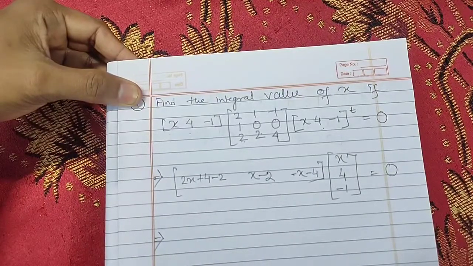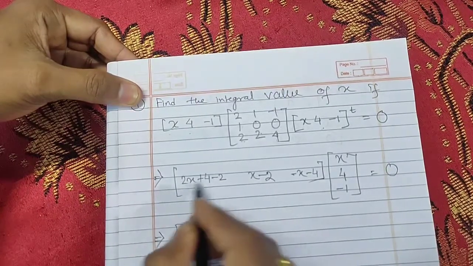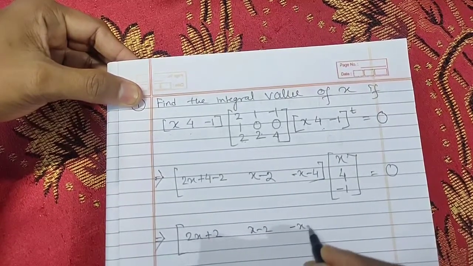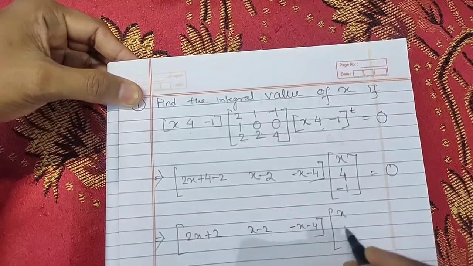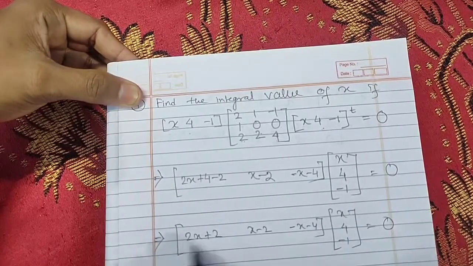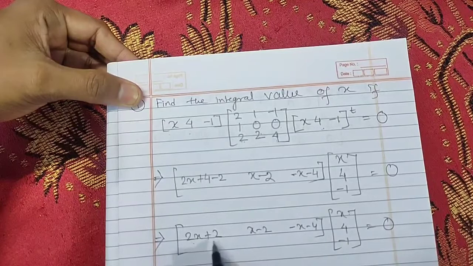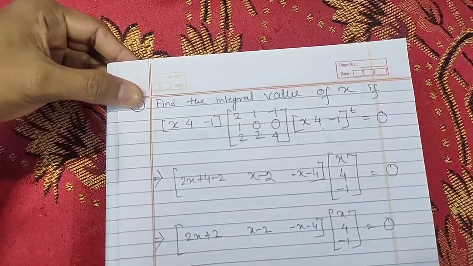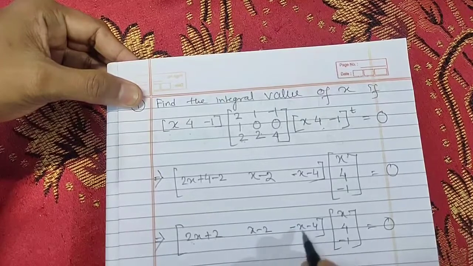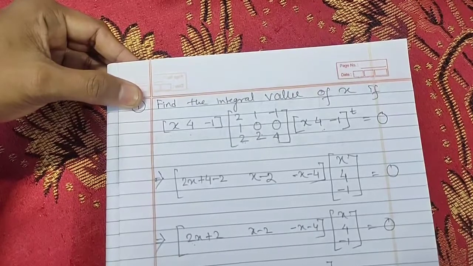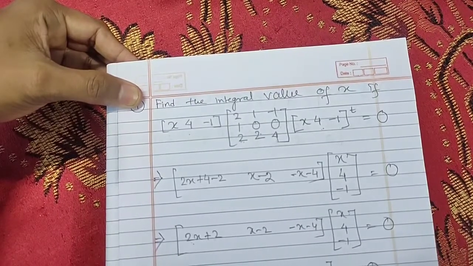Again we have to perform matrix multiplication. First simplify it. It will come 2x plus 2, x minus 2, minus x minus 4 into x, 4, minus 1 is equal to O, which implies now perform multiplication. 2x plus 2 into x, so it is coming 2x square plus 2x plus 4x minus 8 plus x plus 4 is equal to O. So what is coming here?